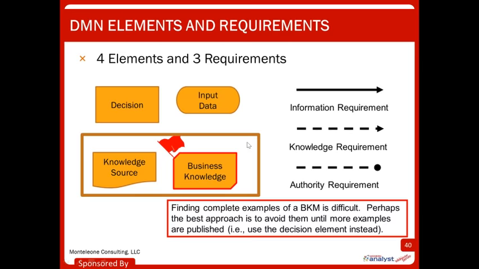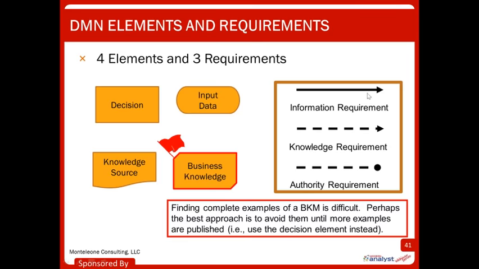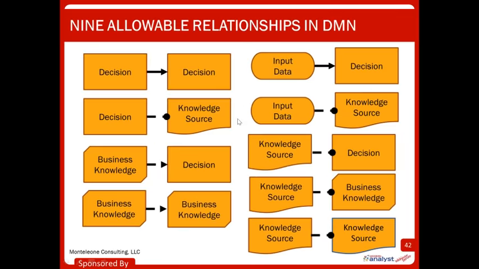All right. There are also these various different arrows that are used, dotted lines and solid lines, for information requirements, knowledge requirements, and authority requirements that you've seen in the example. We can put these together in various valid combinations, and I wanted to at least give you the graphic of what they look like.